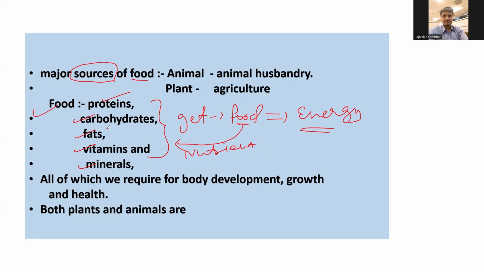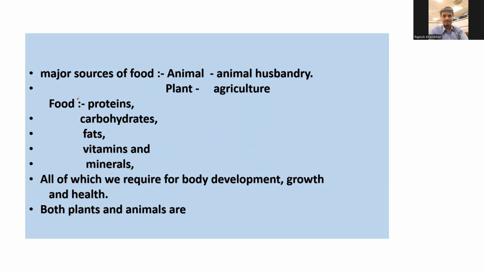That means when we eat food, we are eating not just food, we are eating these things: protein, carbohydrate, fat, vitamin and mineral. All of these we require for body development, growth, and health. And what is the need of these things? The answer is: for the body development, for the growth, and for the health of a human being.